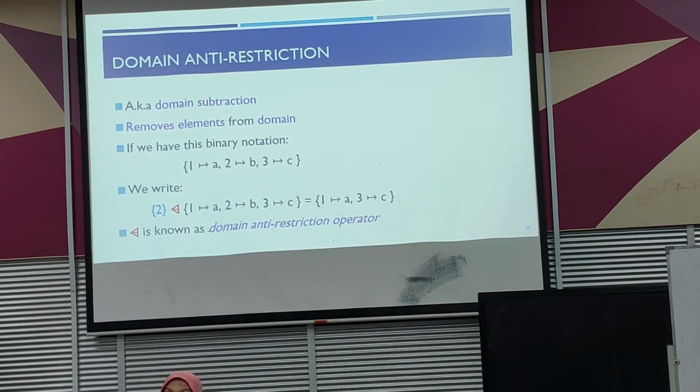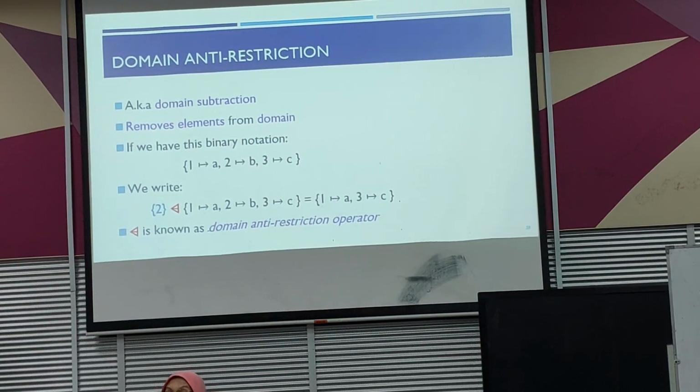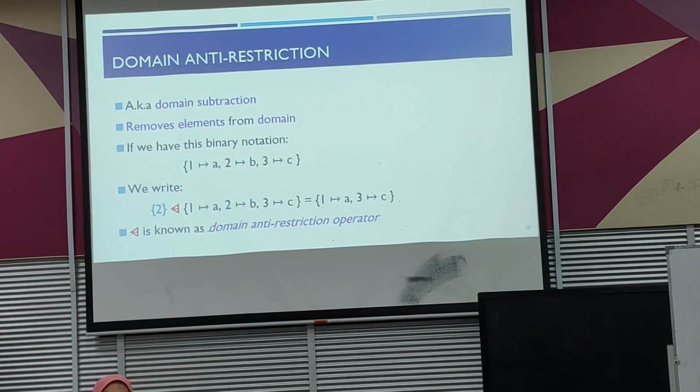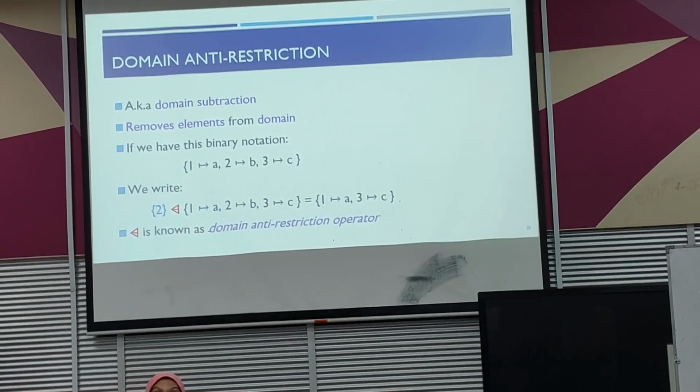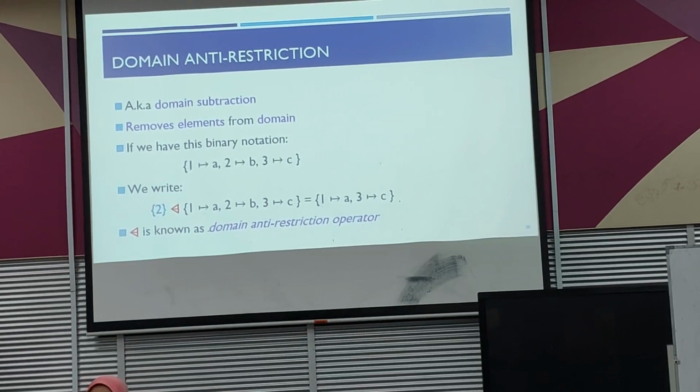So you remove the data, then the latest data is actually without the one that you remove. So that is anti-restriction. The way to write is the same. If it is domain, pointing to the left. If it is range, pointing to the right. The way to write will be similar to domain restriction or range restriction just now, just that the symbol has a line in between.